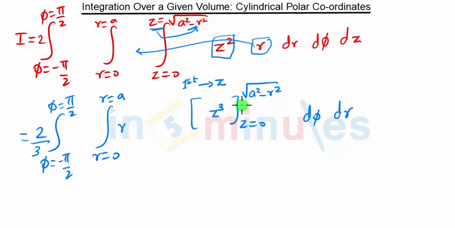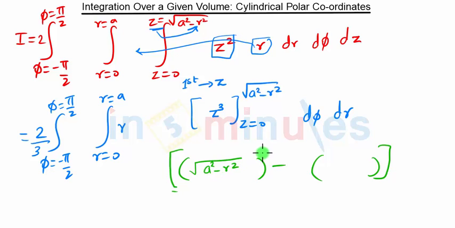Now we will put the upper limit minus the lower limit. When we put z equal to root of a square minus r square, we will get root of a square minus r square the whole cube, because here we have z cube. When we put z equal to 0, this entire term will become 0. The other terms remain as they are.